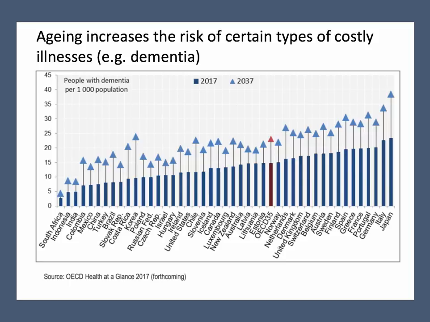What we can see from this chart is that aging increases the risk of a certain type of costly illness, for example, dementia. But I think a key evaluation point is that aging does not automatically mean higher health and healthcare spending. The crucial point is the extent to which we see healthy aging. That's going to really determine how much aging increases health spending.